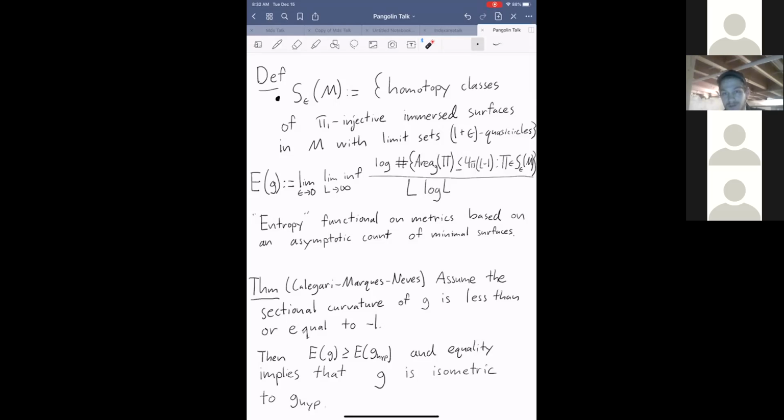Besson-Courtois-Gallot and Hamenstädt are some of the names associated with those theorems. The idea here is to ask whether there's a similar thing you could prove for these Kahn-Markovic minimal surfaces.